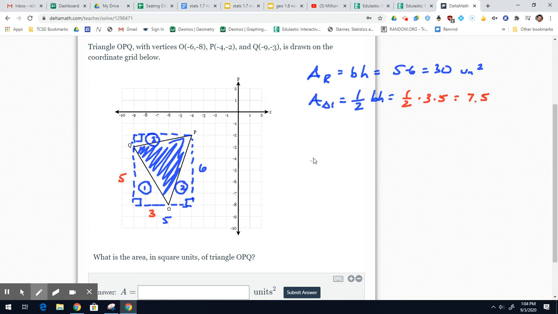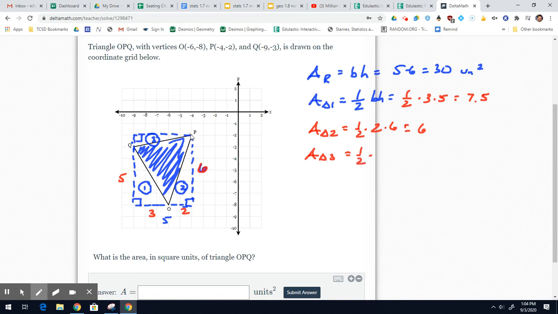Okay, now let's find the area of triangle 2. That's going to be 1/2, again, base times height. So the base here is 1, 2, and the height is 6. It's the same 6 as the rectangle all the way up to P. So 2 times 6, that's half of 12, which is 6. And then the area of the third triangle at the top, I need to do 1/2 the base.